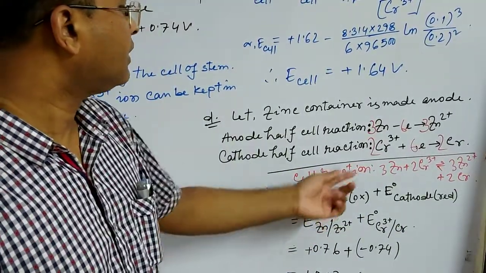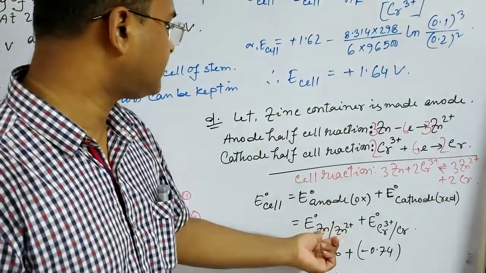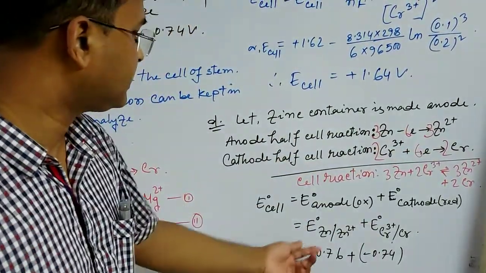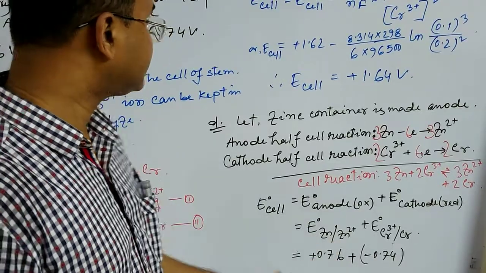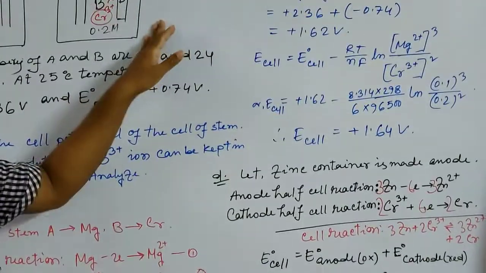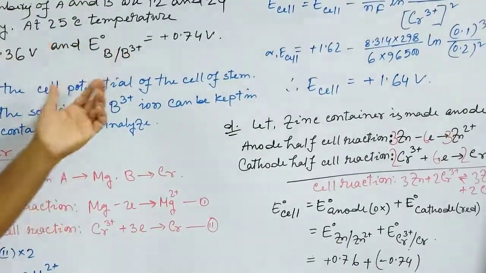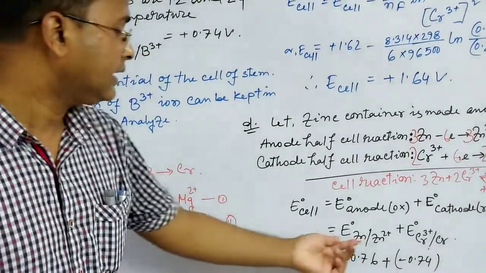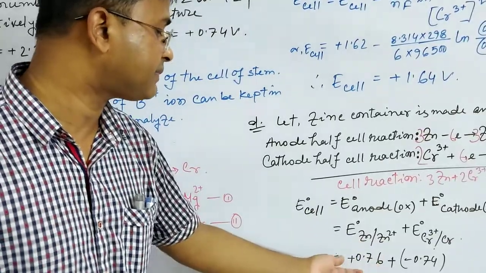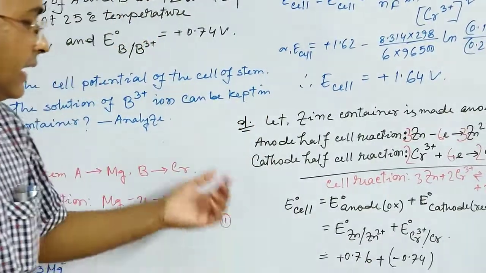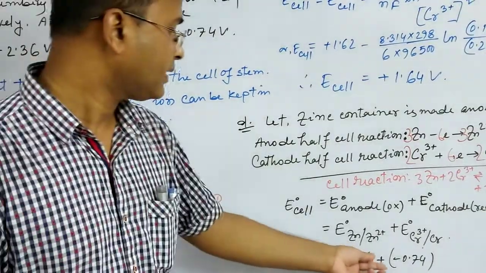Here in the anode, zinc oblique Zn2 plus, and in the cathode chromium 3 plus oblique chromium. And my dear students, this is actually a board question, but the oxidation potential of zinc is not given here. That's why you have to memorize it. The oxidation potential of zinc is plus 0.76 volt. Already I have taught you in my previous questions.